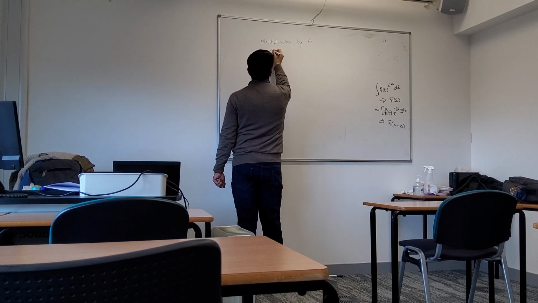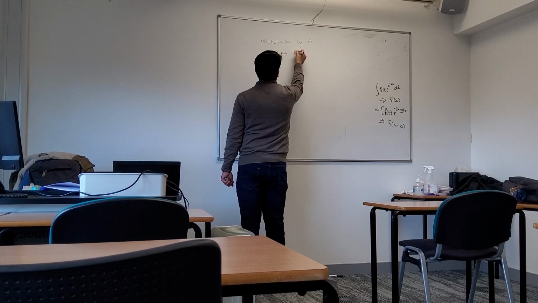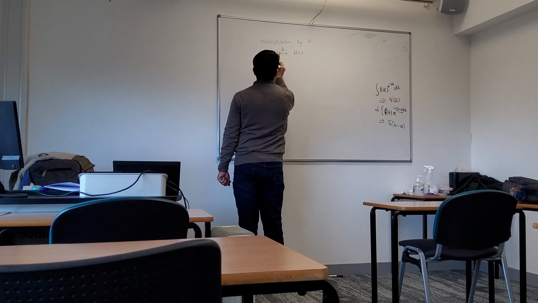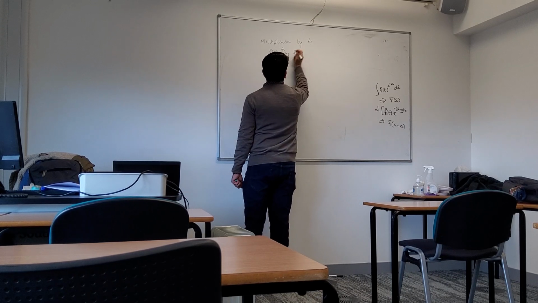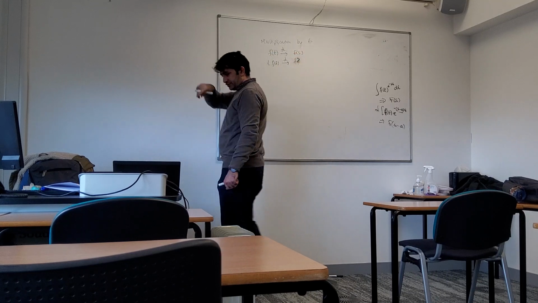It means that if you have a function f of t and you have Laplace F of s, if your function is multiplied with t, what would be the Laplace transform?